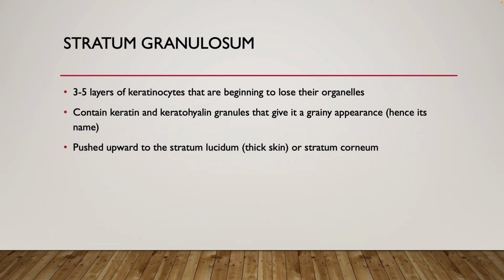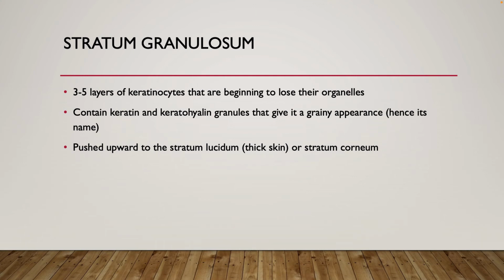And depending on if we're talking about thin skin or thick skin, these cells will then be pushed up into the stratum lucidum if we're talking about thick skin, because they'll have this extra layer. If we're talking about thin skin, the stratum granulosum cells will be pushed up into the stratum corneum, our most superficial. So again, depending on what skin you're talking about, thin or thick, the stratum granulosum will transition into the stratum lucidum or the stratum corneum.